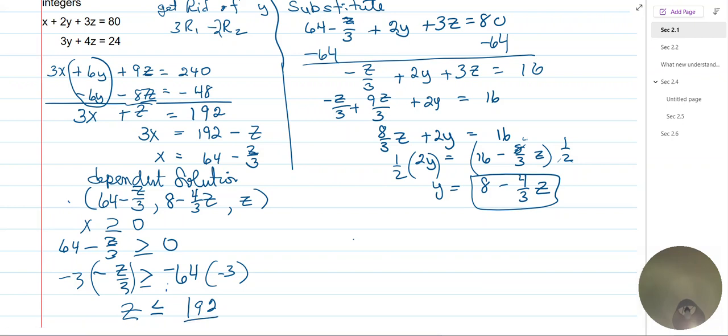So then we have, for the y, greater than or equal to 0. That's a bunch of answers possible. We have 8 minus 4z over 3 greater than or equal to 0 because we're finding solution number. Negative 4 thirds z is greater than or equal to -8. I'm going to multiply by 3/4.